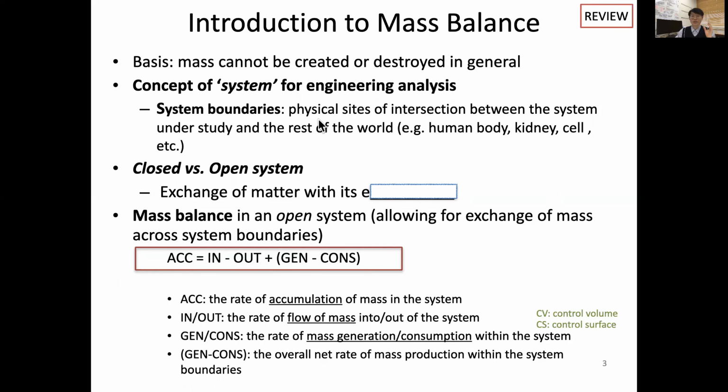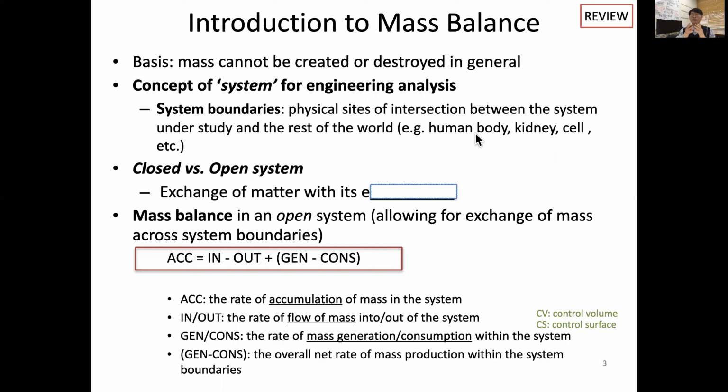That boundary means the physical sites of intersection between the system under study and the rest of the world. So this is really a dichotomous way of defining our interest as a system and the rest of the world. For example, we can define the system as a human body, a kidney, or a single cell.